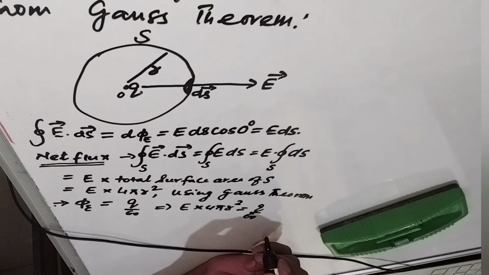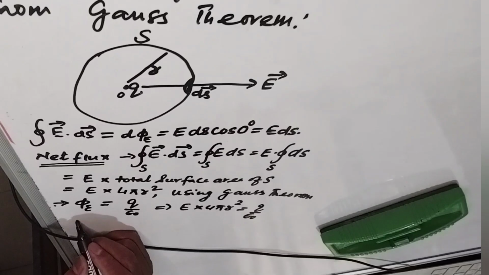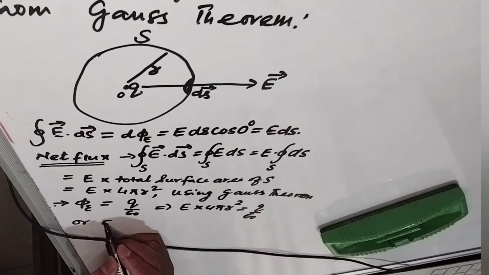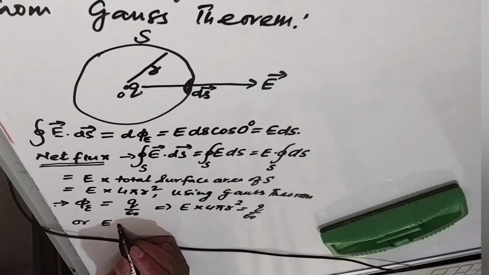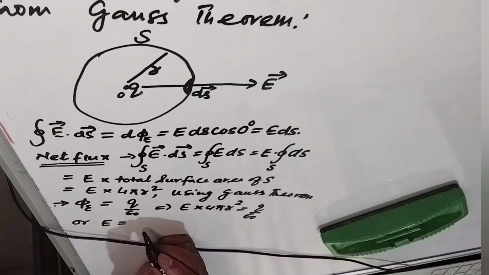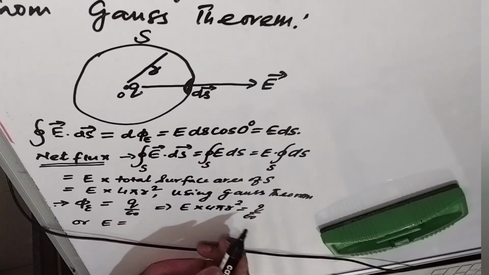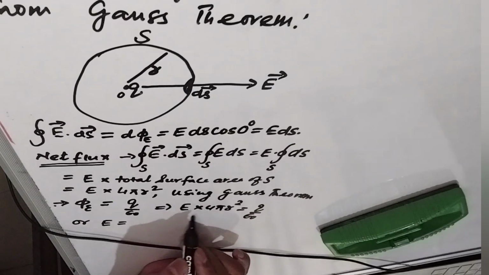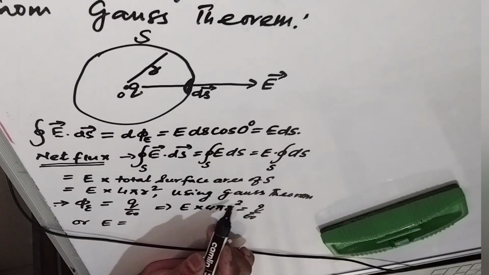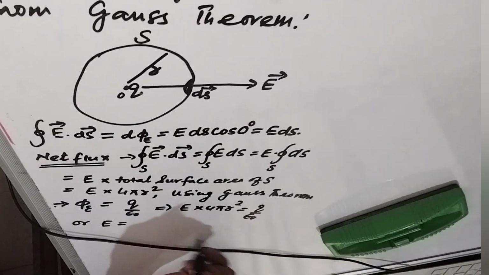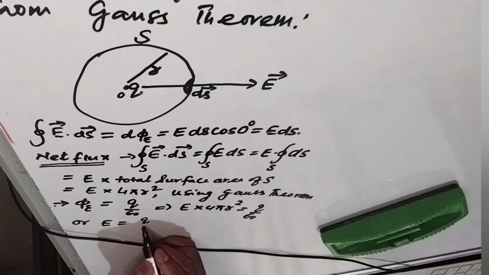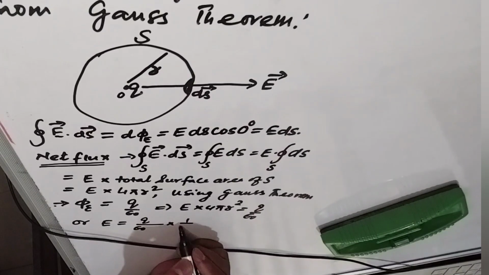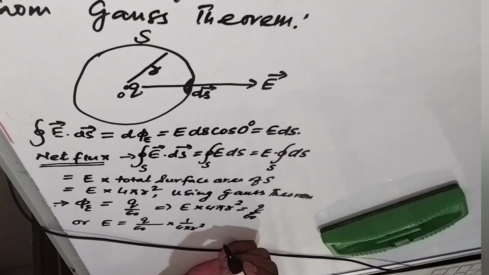So E into 4 pi r square is q upon epsilon naught, or E, the magnitude of the electric field, is nothing but, this 4 pi r square can be transported to this side, so q upon epsilon naught into 1 upon 4 pi r square.